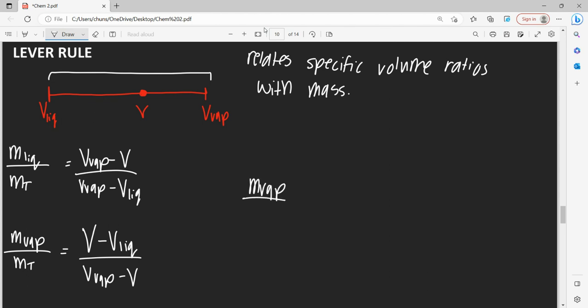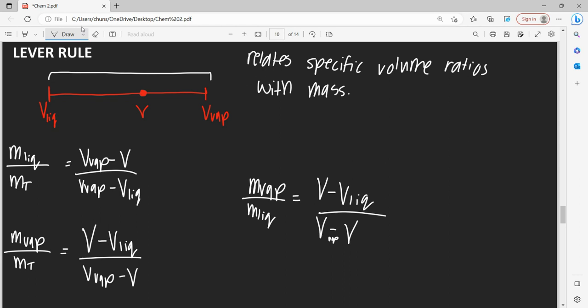And if we wanted a ratio between our mass of vapor over mass of liquid, this would just be V minus V liquid over V vapor minus V. Sorry, I miswrote this one.